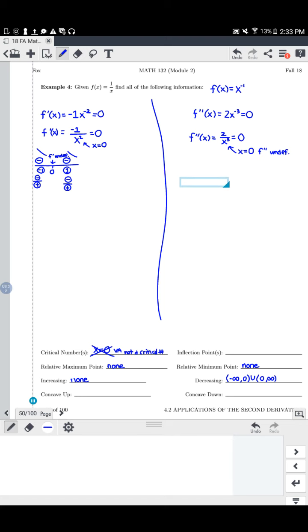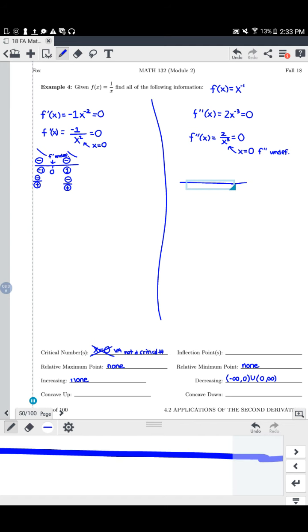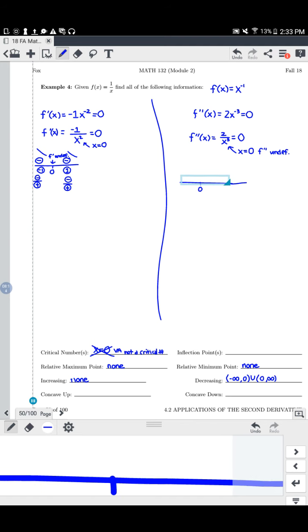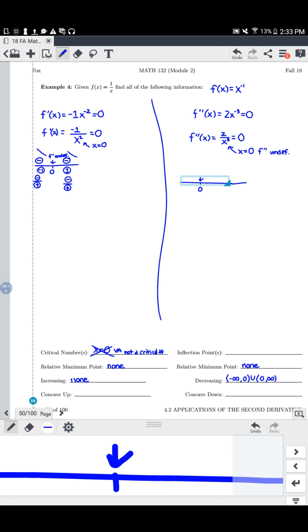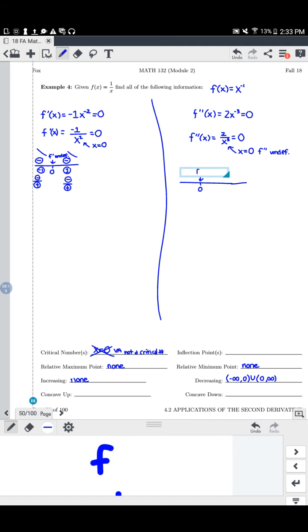Remember, that's only going to be a point of inflection if we also have concavity change. So I'm going to test before and after 0 to see if we have concavity changing or not. This is special. This makes f double prime undefined. Let's see if this is really a point of inflection by seeing if concavity changes.